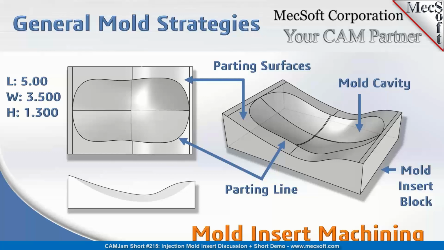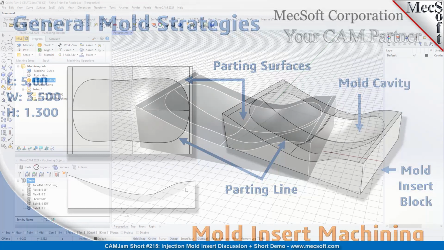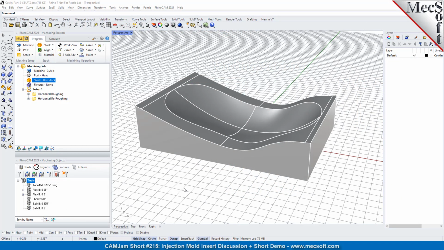In this video, we're going to introduce the use of what we're calling protection surfaces. These are added surfaces in your model that help protect the parting line during machine toolpath generation.